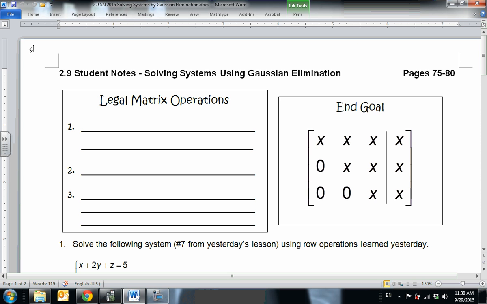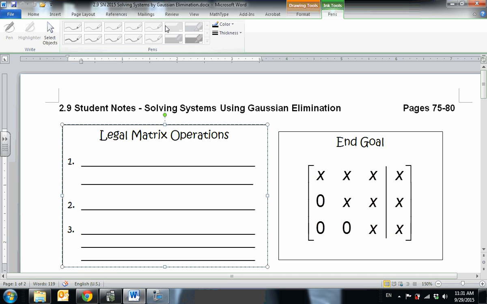So yesterday we did some row operations and we started to figure out what some of those legal operations were. Okay, so to actually apply operations, you have a couple things you can do.